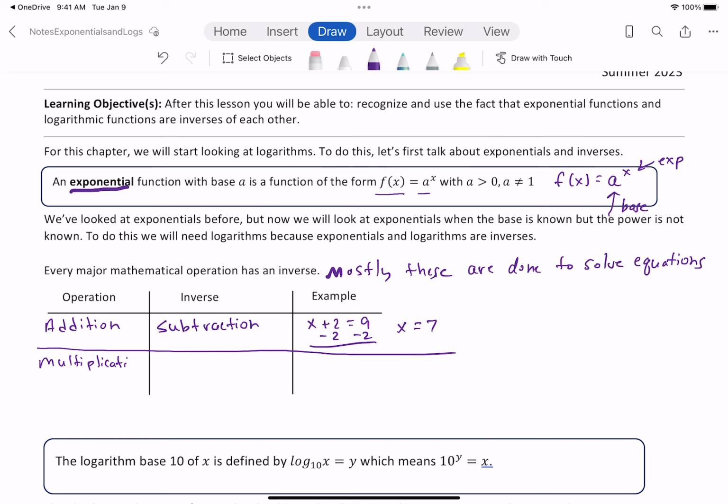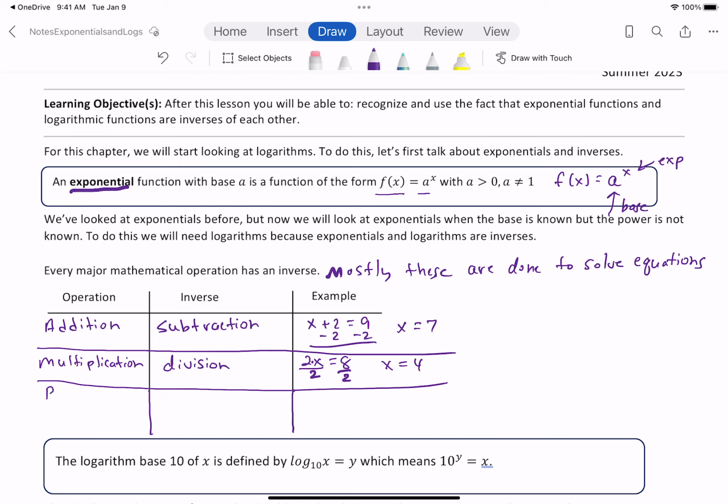We've also seen before that multiplication and division undo each other. If we have something like 2x equals 8, to solve for x we need to undo the multiplication 2 times x. So we would divide both sides by 2 and get x equals 4. So multiplication and division are inverses and undo each other.